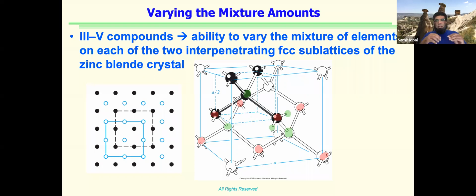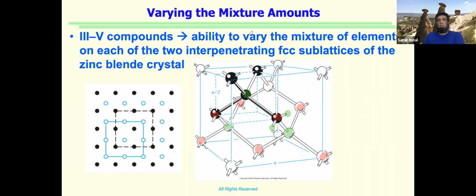And the difference is because each atom is maintaining what it is. And if I were to look at a simple example of 3-5 compounds, there is gallium arsenide, for example. Gallium is from group 3, arsenic is from group 5. So gallium stays gallium, arsenic stays arsenic, and they're connected and sharing their atoms with covalent bonds. All right.